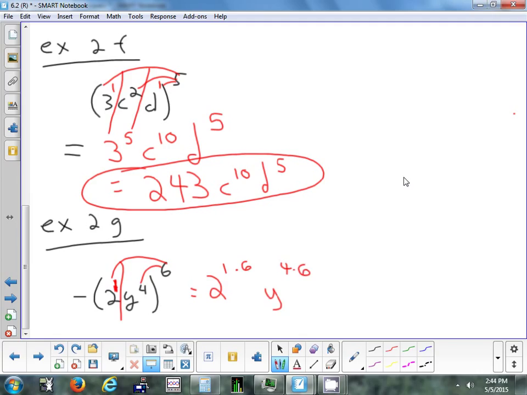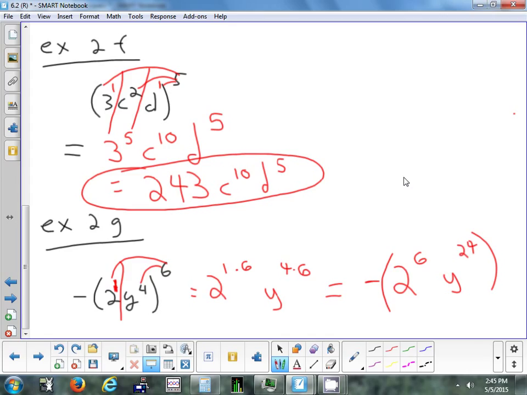I still got that negative here on the outside, like we said in earlier examples. That's just going to hang out. It's not on the inside of the parentheses. So I get 2, and still inside the parentheses, 1 times 6 is 6. And then I got y, and 4 times 6 is 24.